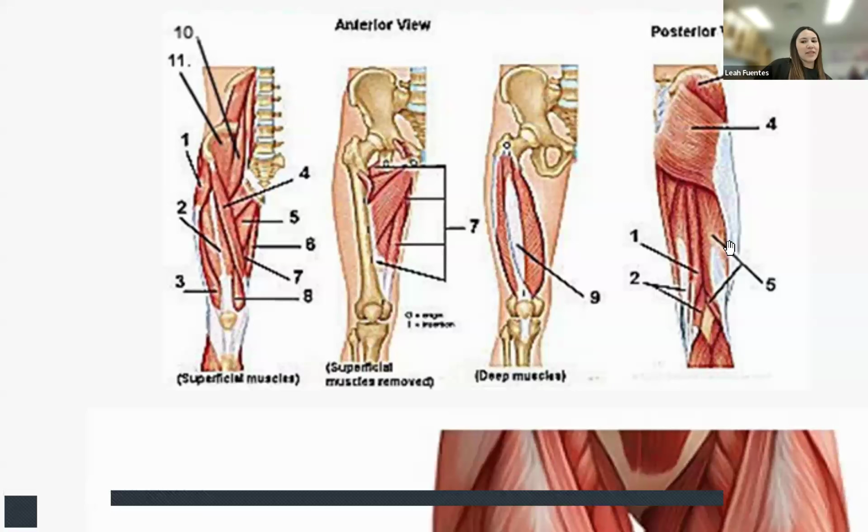Adductor longus? Soleus. I think this is going to be because it's deeper. Let's see, we have our gluteus maximus here, so we're going directly beneath, but deeper.